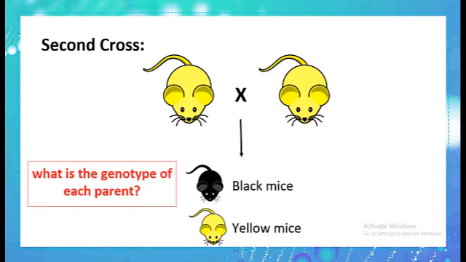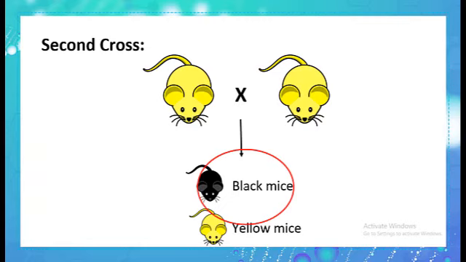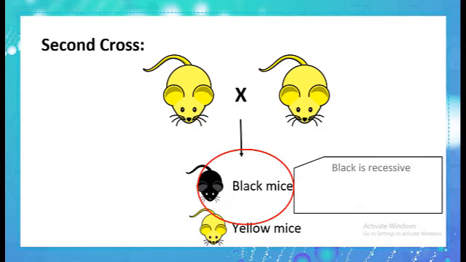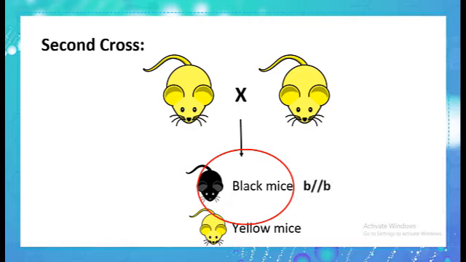Now, what do the same results tell about the genotype of each parent? Once again, consider the black mice in descendants. Since black is just proved to be recessive, and a recessive allele is only expressed in a homozygous, then this black mouse has the genotype BB.